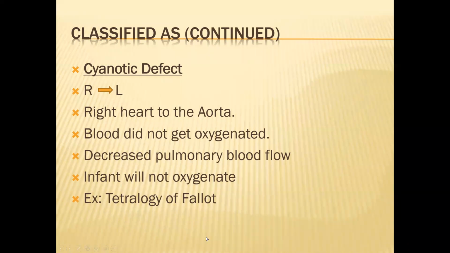And we learned about persistent pulmonary hypertension being a right to left defect, but that's just because of pulmonary hypertension, not because of something going on with the heart. You'll learn about tetralogy of Fallot, and then you'll understand why that falls into the category of a cyanotic defect.